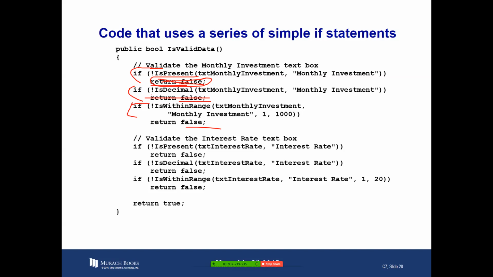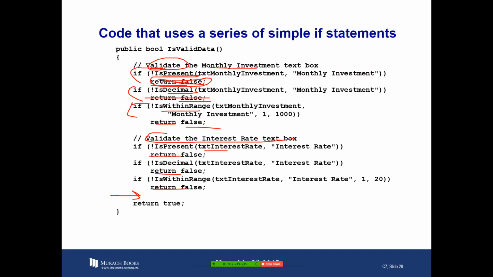And then here we go on and test the interest rate that the guy typed in. Up here we're validating the monthly investment text box, and here we're validating the interest rate text box. If it makes it all the way down to the bottom, then none of these returns were executed. That means the monthly investment must be present, must be decimal, and must be within range.